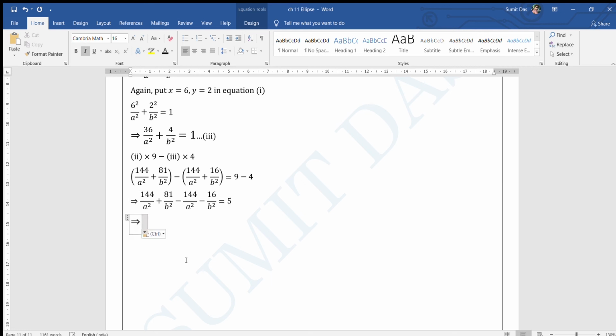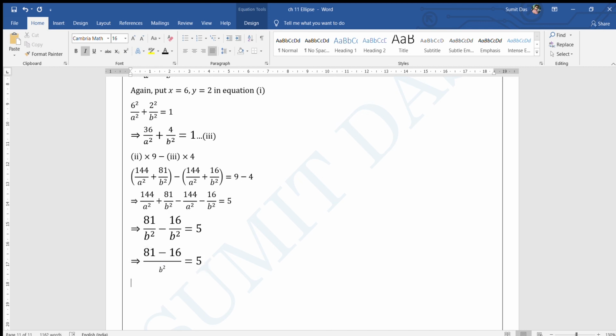Okay, so 144 by a square, this will cancel, so what will be left? 81 by b square minus 16 by b square, which is equal to 5. If you simplify this one, numerator will be b square, denominator will be 81 minus 16, which is equal to 5.